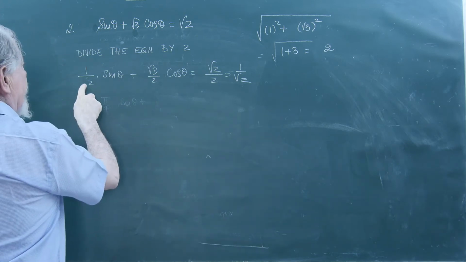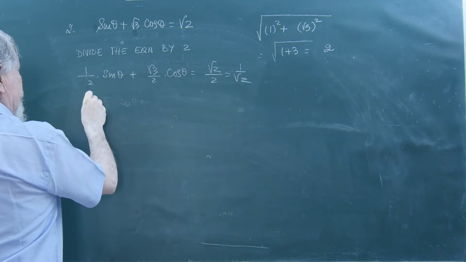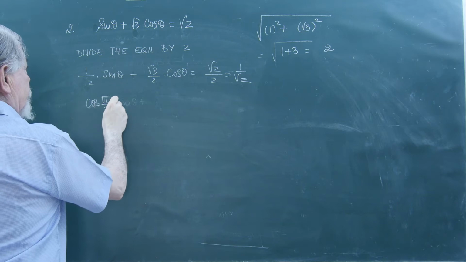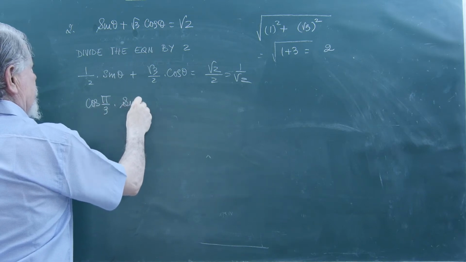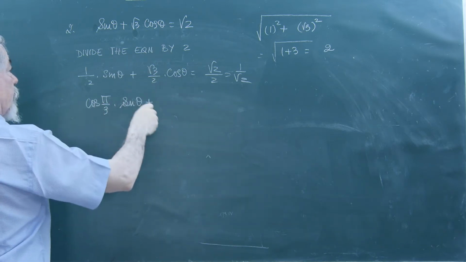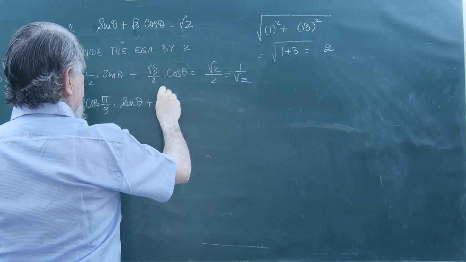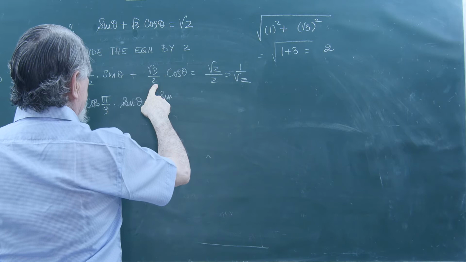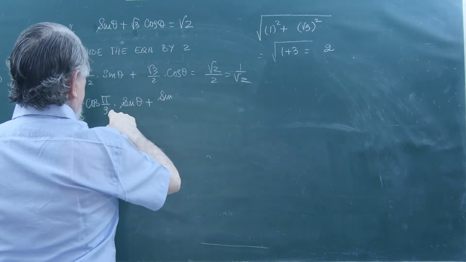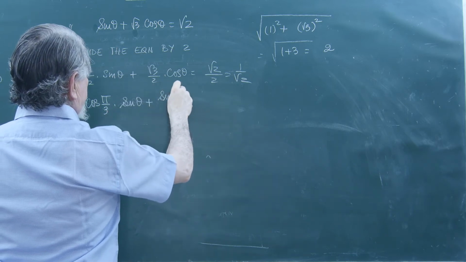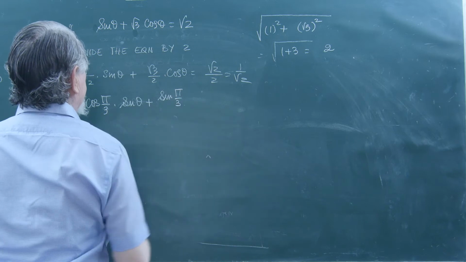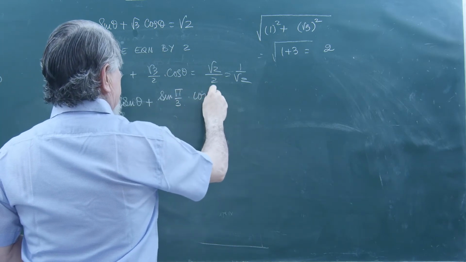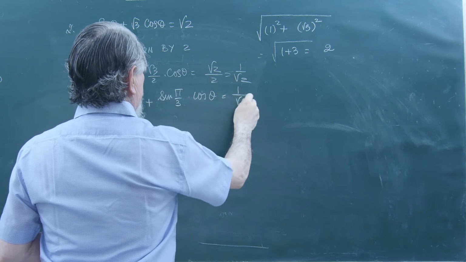It is the value of cos 60, cos pi by 3, sine theta, plus this could be sine pi by 3, sine pi by 3 cos theta is equal to 1 by root 2.